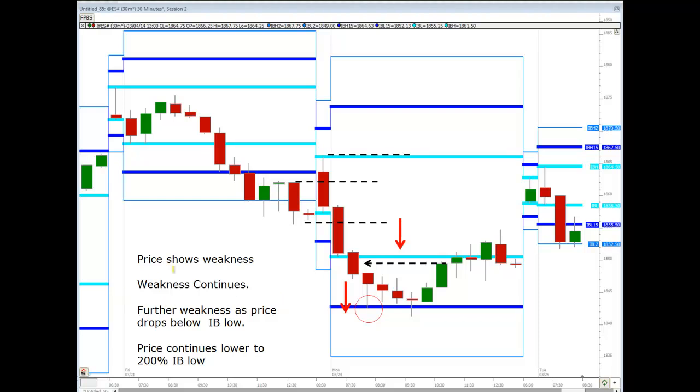Now, price continues lower to the IB low here, and we ask the question, could price continue lower to the 200% IB low down here? Of course it could, but it is safer to capture our profits when we're up here.